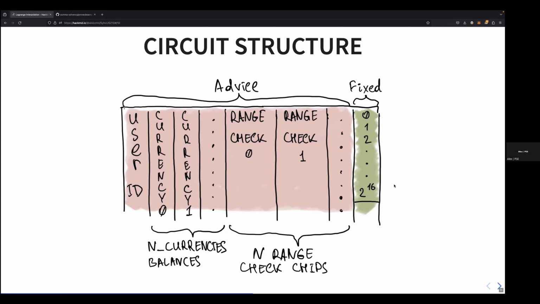And then also, let's say if your user base is 2 to the 28, you will produce 2 to the 28 KZG commitments per one currency. That will definitely not be possible to commit to a smart contract, and also will be very problematic for users to verify.